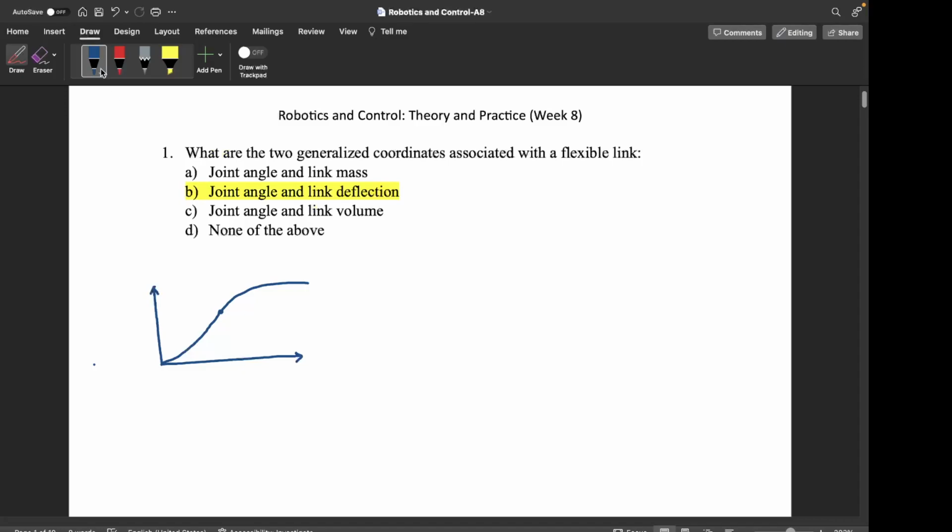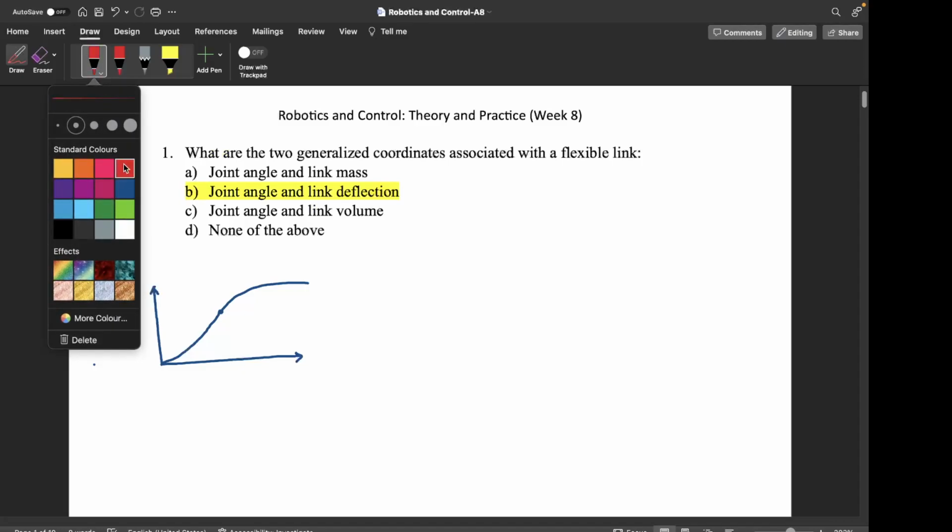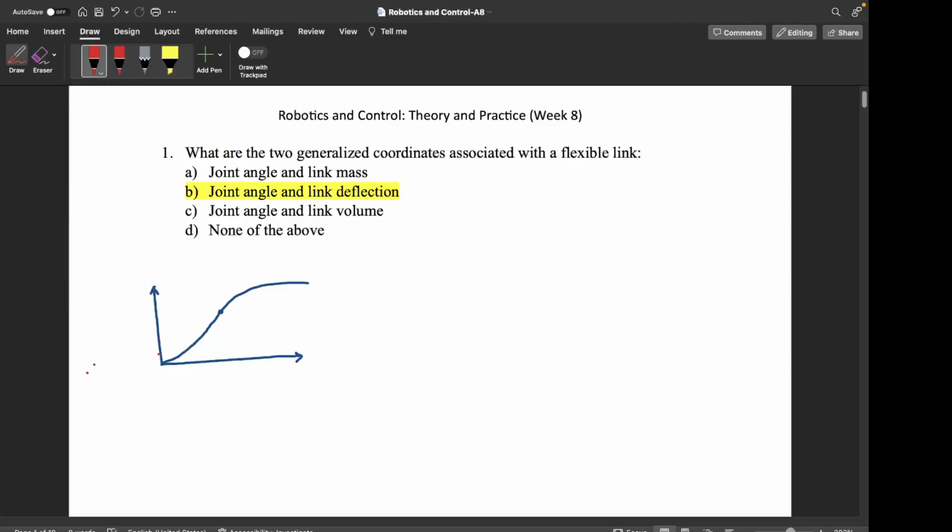So first we assign frames. The first frame we assign is tangential to the base of the first link, and similarly we assign a frame tangential to the base of the second link, and finally we have a frame assigned at the end effector, right?